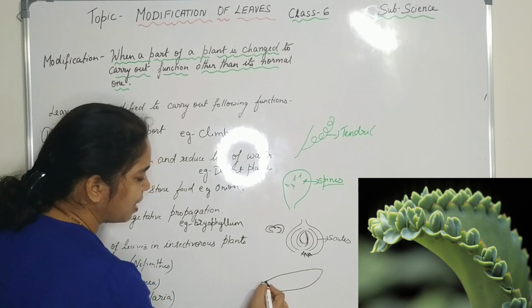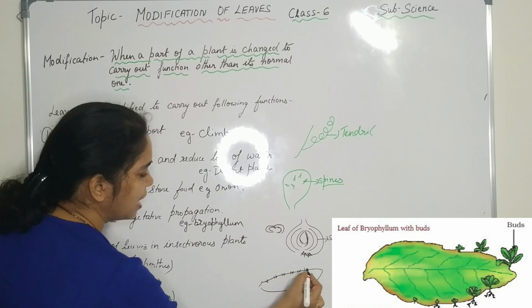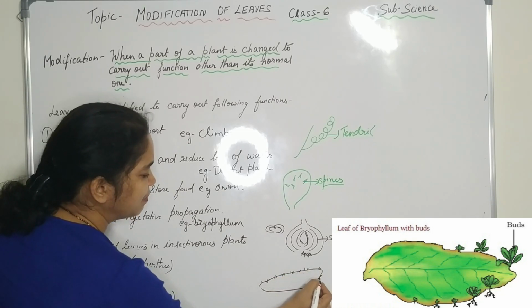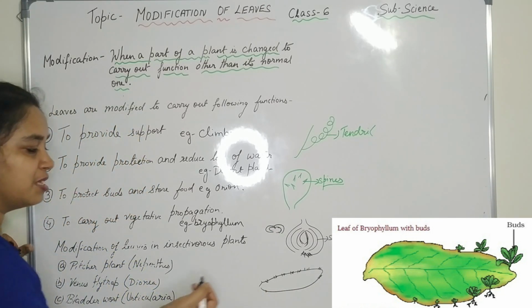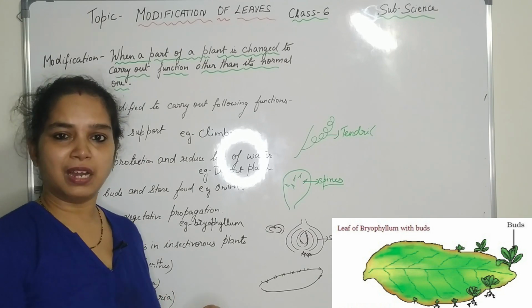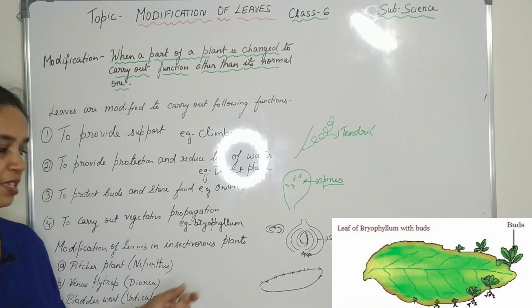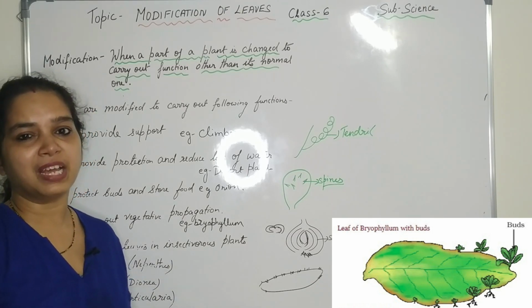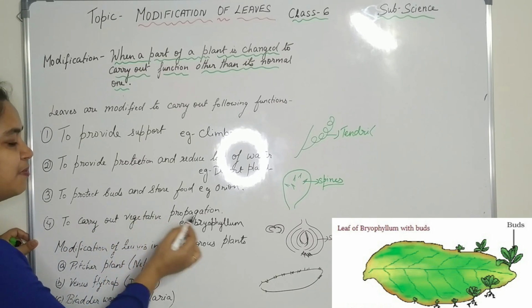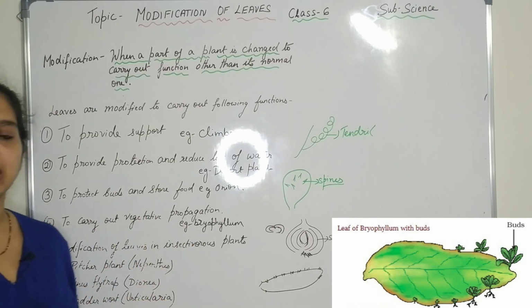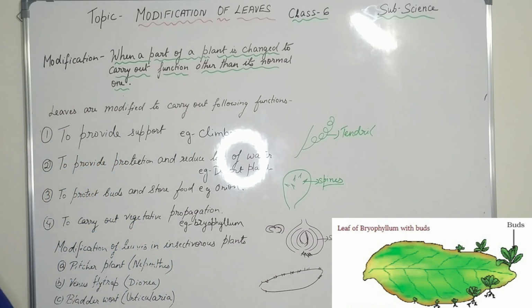They might have small buds on the margin of the leaves, and these buds are nothing but plantlets, and when they fall down on the soil, they give rise to a new plant. Or when you plant this leaf inside the soil, these plantlets will give rise to a new plant. So this method is called vegetative propagation, and it can be seen in the bryophyllum plant.